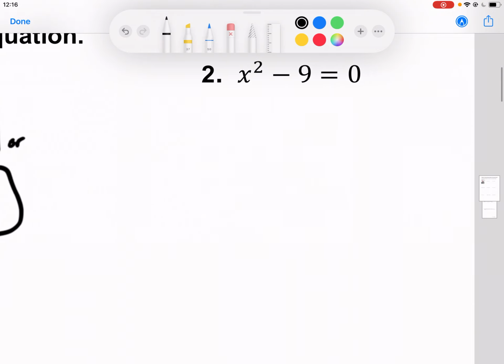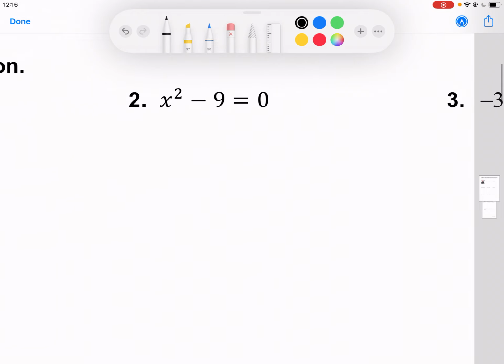Let's go ahead and do another one. So this one, x squared minus 9, once again, notice that there's only one term that has an x. If that's the case, we're going to go ahead and add 9 to both sides. You end up with x squared equals positive 9, just like we'd be solving an equation. And now we're going to take the square root of both sides.